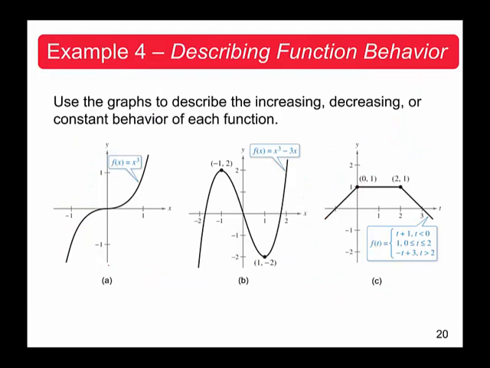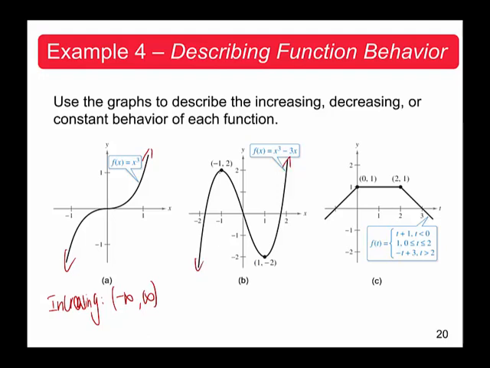Now let's describe the increasing, decreasing, or constant behavior of each of the functions. Part A, as you can see, f of x equals x cubed. So it's increasing all the way. If you follow the forward direction here, it's moving upward all the way. The entire function is increasing, so increasing from negative infinity to infinity. And the second one is a little bit more interesting.